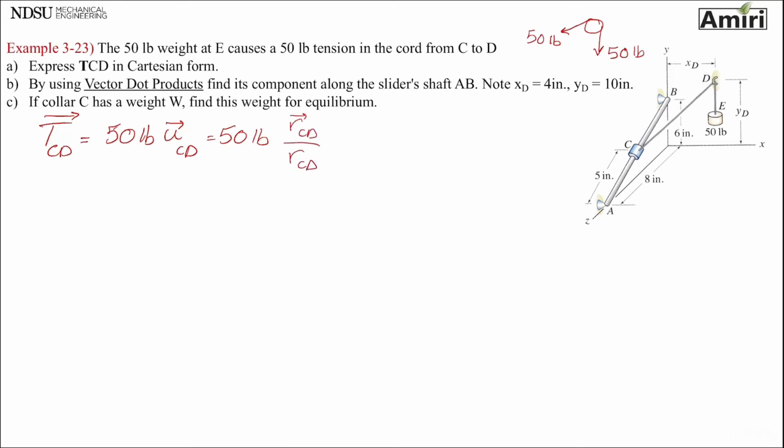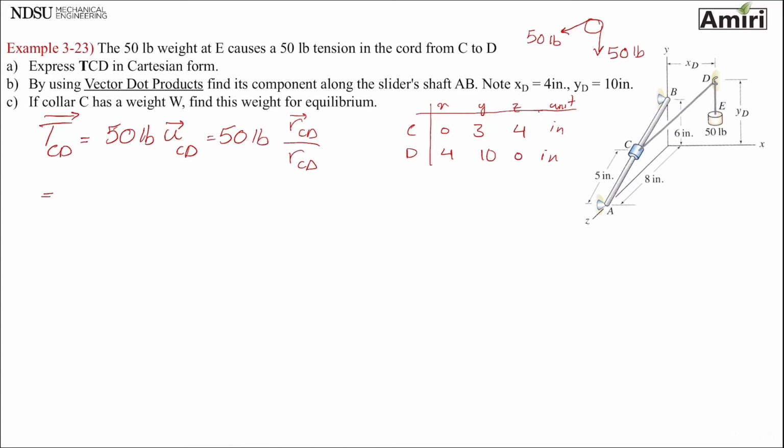All I need are the coordinates of points C and D. The units are all in inches. C is located at 0, 3, and 4. D is located at 4, 10, and 0.